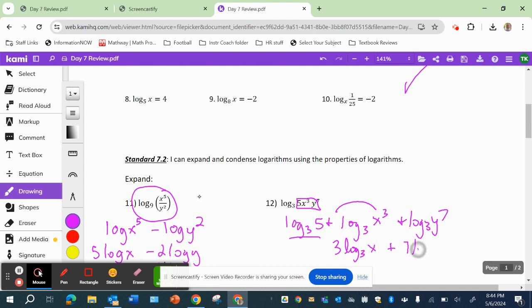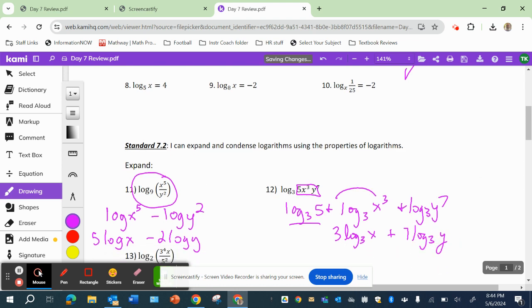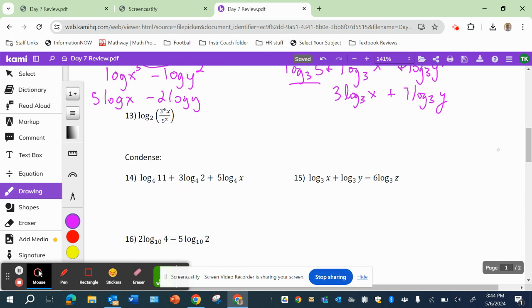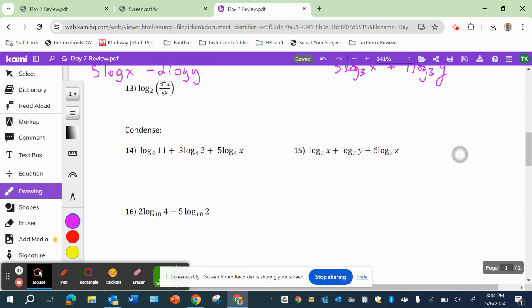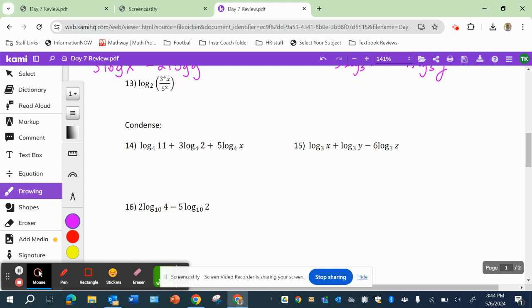And the 7 goes out front here. And so the opposite is true. When you're putting these back together, anything that's a plus becomes a multiplication.